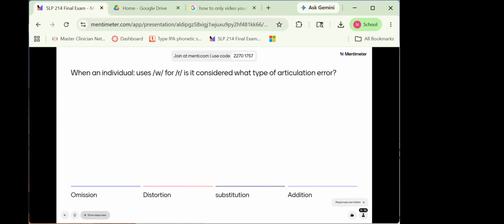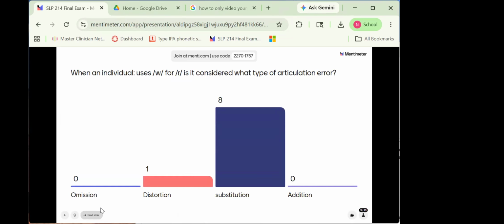It is a substitution, remembering that a distortion is more of your lisps, like when we have our interdental lisp and the tongue is coming out through the middle, or when we have our airflow problem with the lateralized lisp. Substitution, we're putting one sound in the place of the other.